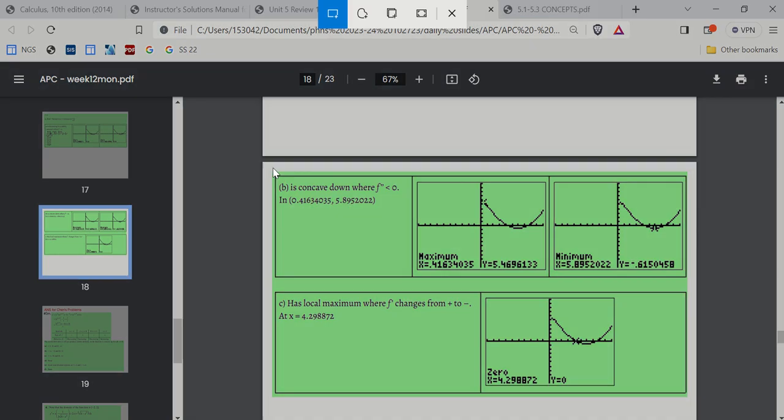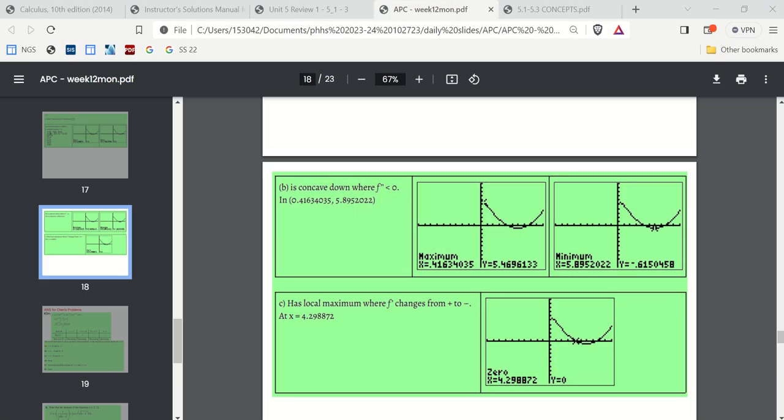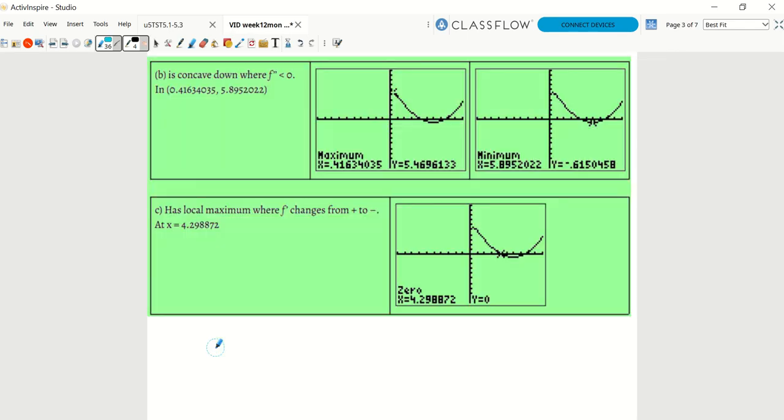As you can see right here, let me copy and paste that. It's concave down until this x value, 5.89. So it's concave down here because that's where this graph of slopes is decreasing.